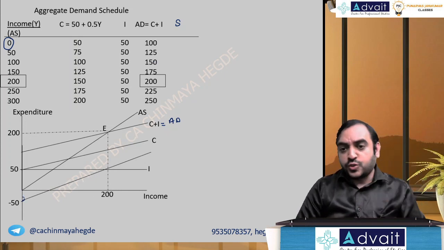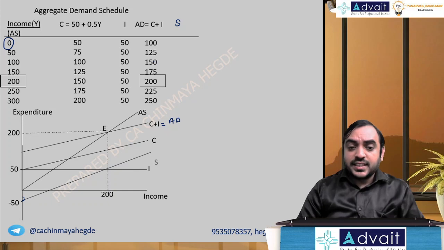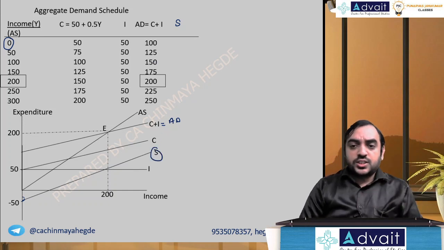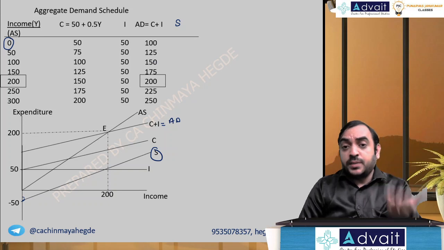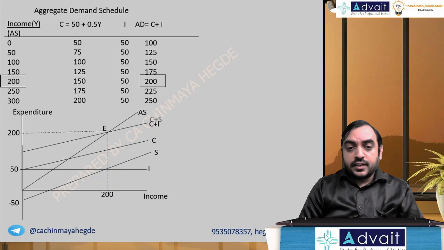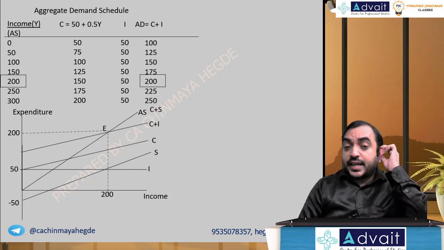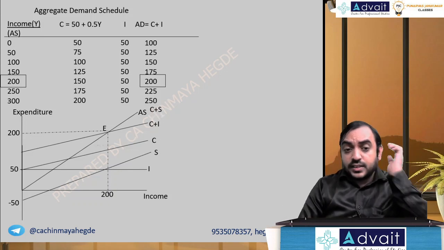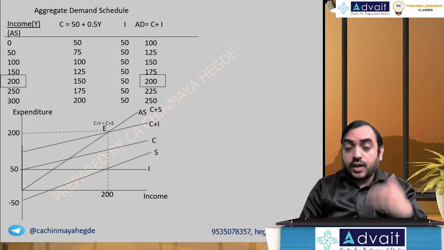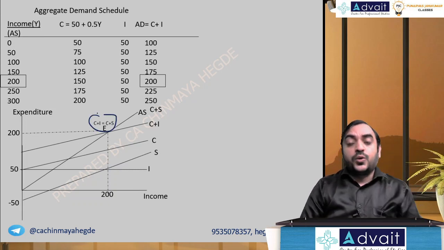Minus 50, you have to spend 50, and that is called the savings function. You have to spend even when you don't have money, means you don't have income, means you have to borrow. And if you add C plus I, your consumption plus investment, and consumption plus savings, then at the equilibrium point both will be equal.